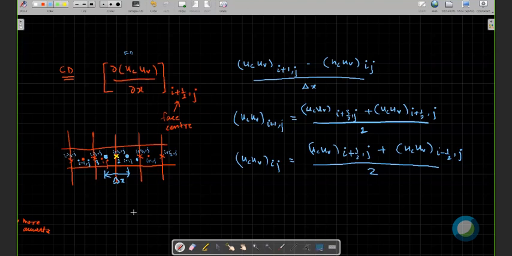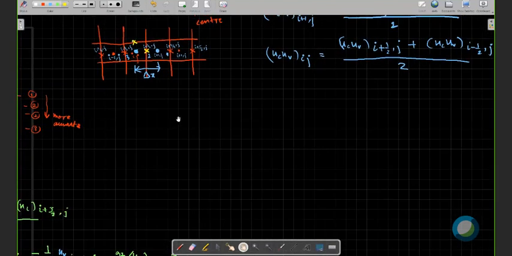So for the del y term, similarly for the y momentum equation, you can do it similarly. In the y momentum equation, it is evaluated at i, j plus half. So this is for central difference. SOU is done. Then you have the QUICK method. QUICK.